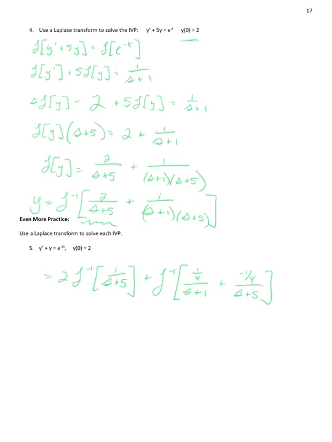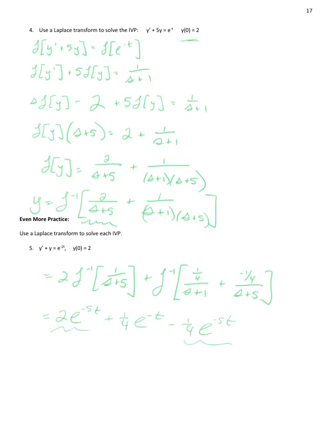Okay, so to finish this off, the inverse Laplace of 1 over s plus 5 is e to the negative 5t. So this is 2e to the negative 5t. And then here, the 1/4 is going to come out, so I have plus 1/4 e to the negative t, and then minus 1/4 e to the negative 5t.